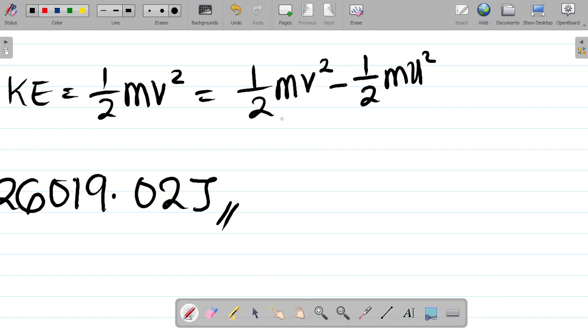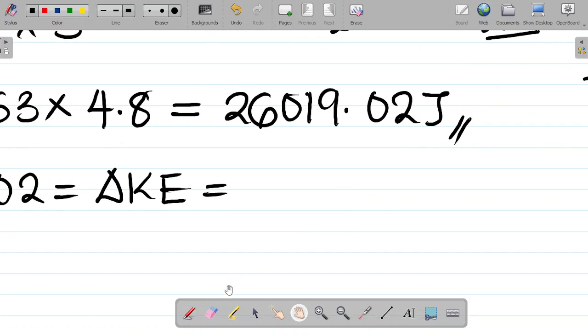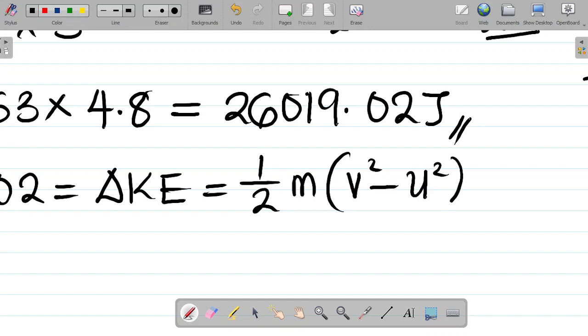If I factorize this, I have half mass, and I'm left with v squared minus u squared. So basically this is the formula we use to calculate the change in kinetic energy: half mass into v squared minus u squared.